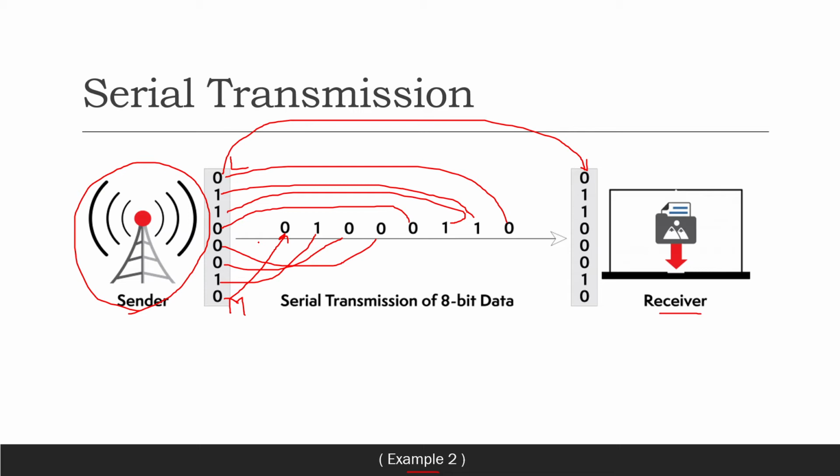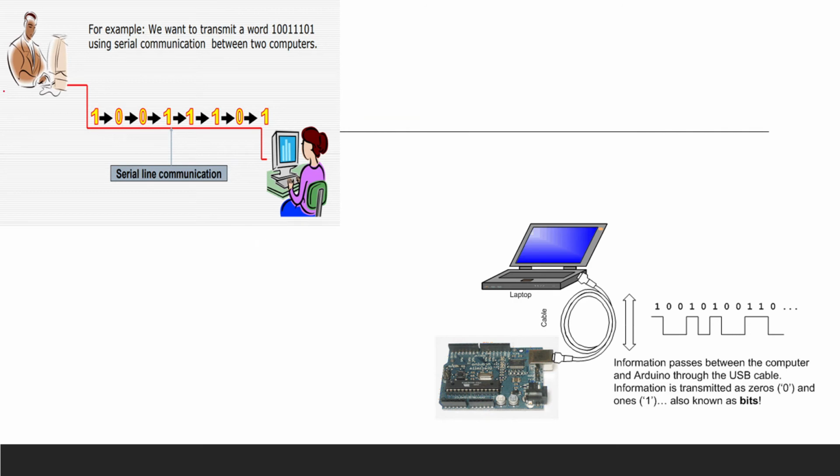So this is a major difference between serial and parallel. This is one more example: if these two persons are communicating with each other using only one cable, then this information can be transmitted serially. So this is serial transmission through one cable.